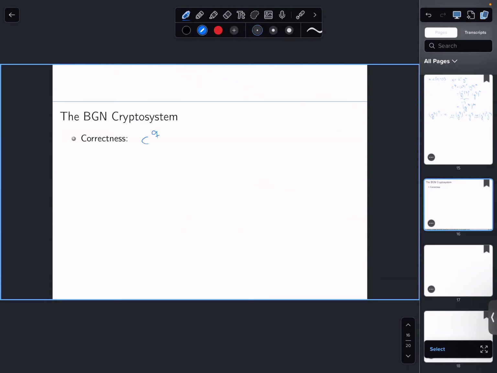We realize that basically C to the Q is again H to the Q to the R times G to the Q to the M, which, this being 1, is just G to the Q to the M. And now the D log with base G to the Q of this will give us M. Okay, that was the correctness.